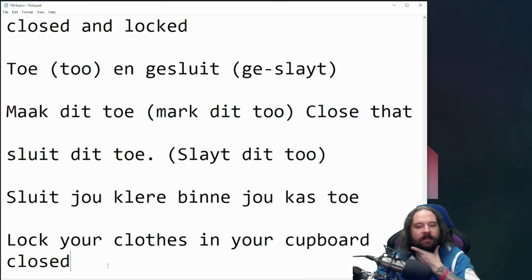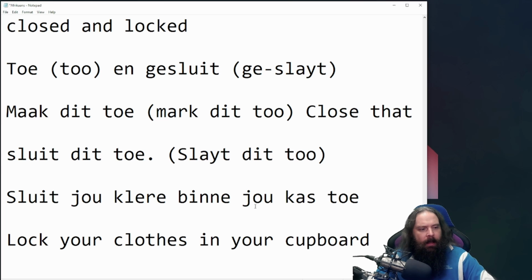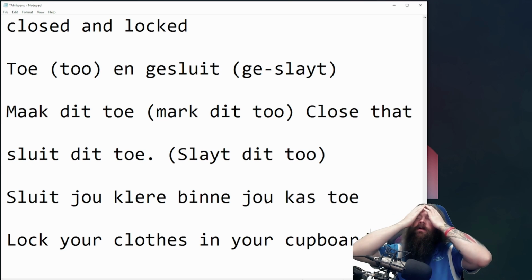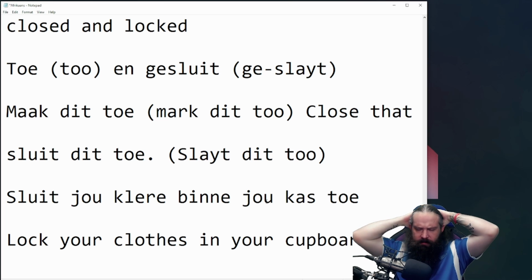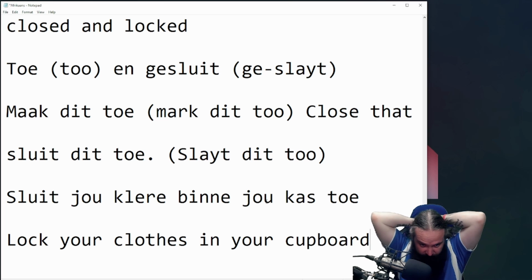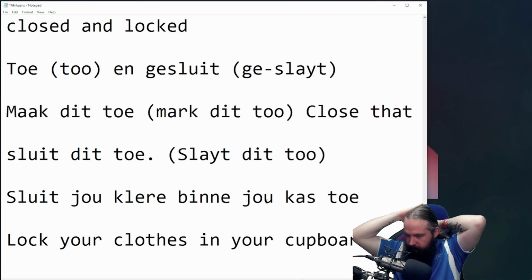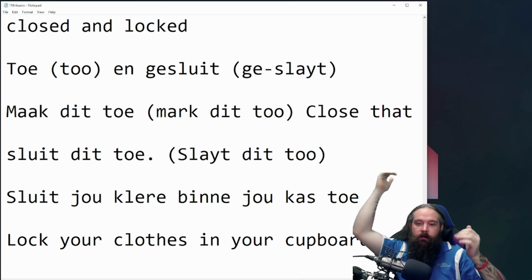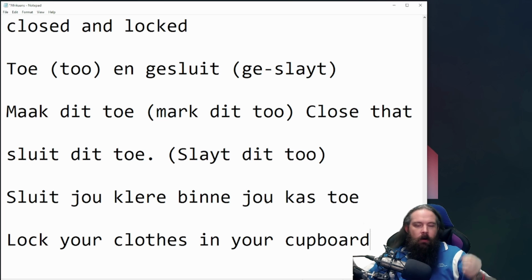That's a direct translation. In English, we'd say lock your clothes in your cupboard. That's basically all you'd say. It's not complicated, but these are the two words that have been brought to my attention that people might have issues with. Toe en gesluit, or sluit, right?